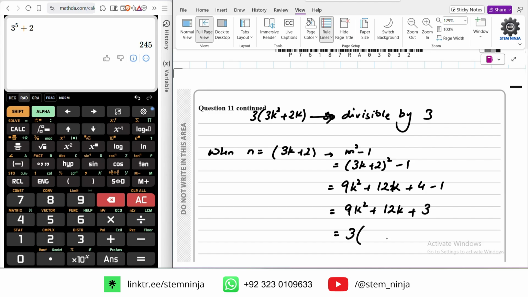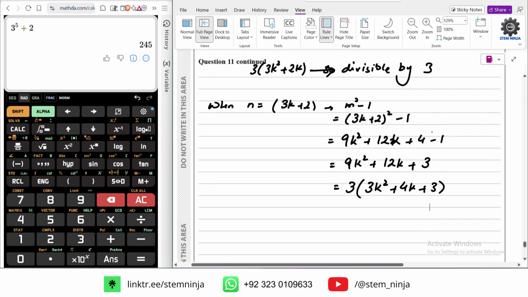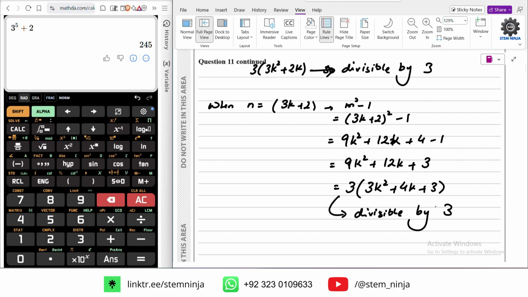Write it as a multiple of 3, so you get 3(3k squared plus 4k plus 1). So therefore this is also divisible by 3. So we have shown that in both cases it is a multiple of 3.